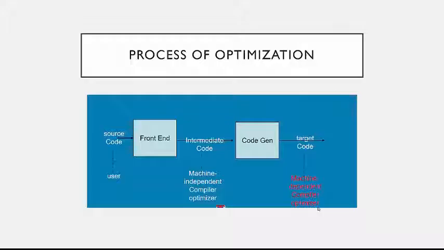Again, that intermediate code is taken into code generator and target code is generated. That target code is then optimized using machine dependent optimization techniques so that the code runs faster and takes less space.